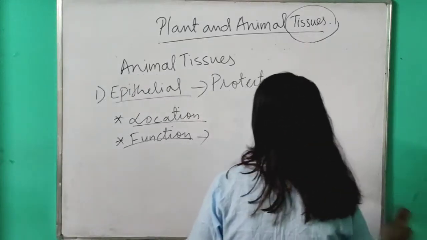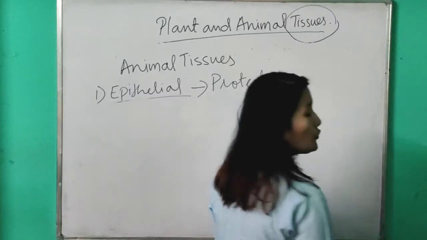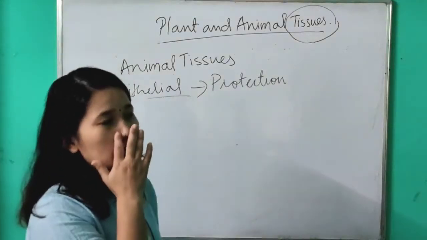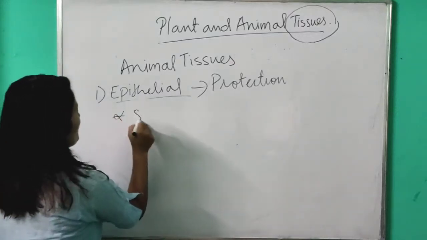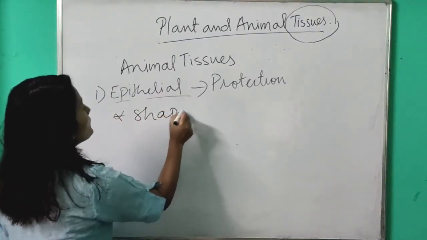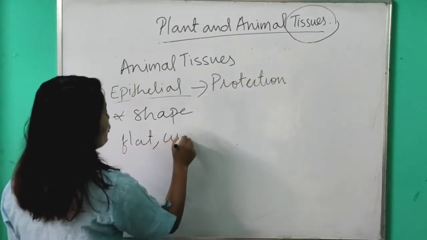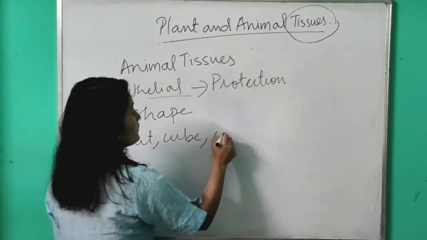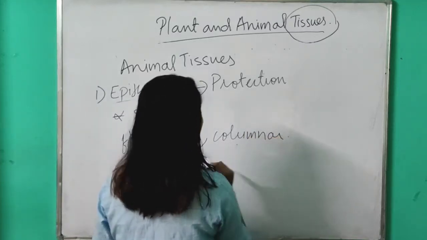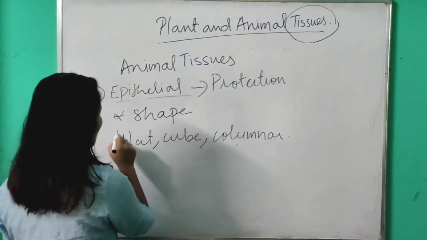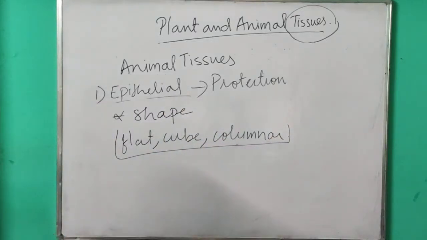Now let's move on to the types of epithelial cell. Now if you go to the types, this classification is done on the basis of shape. Some of the epithelial tissues are flat, some of them are cube-like, some of them are columnar. So on the basis of shape, this epithelial tissue is further classified.